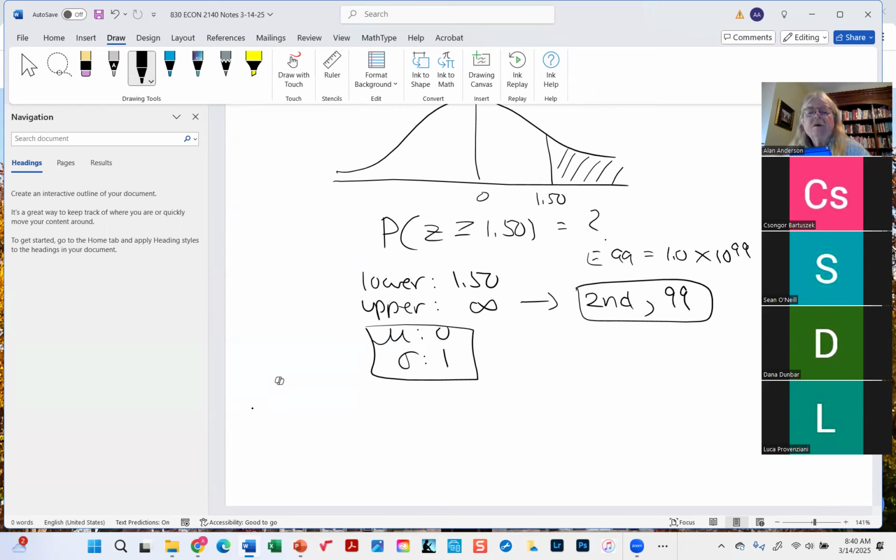And that's going to be rounded to four places. Sorry, I have a typo here. All right, let me try it again. Here it is, 0.0668.